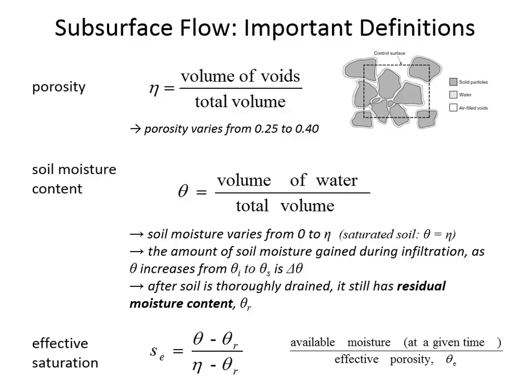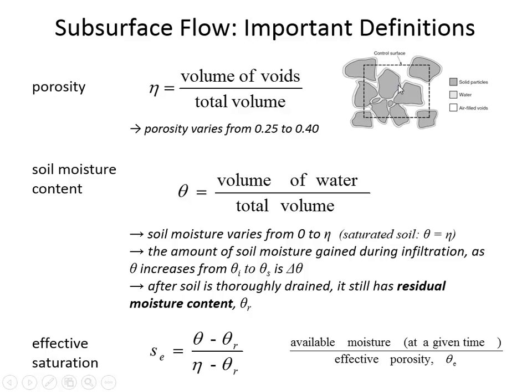So here's a formula for the effective saturation. The effective saturation is how much water can be held by the soil compared to how much can be drained out. Even when you drain the soil out with gravity, it's still going to have some moisture around the grains, just because of the tight intermolecular forces between the water and the soil grain itself.